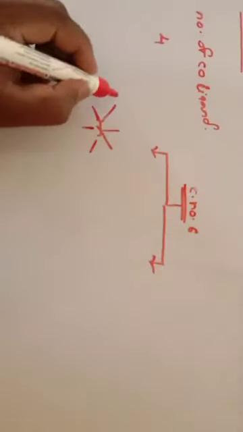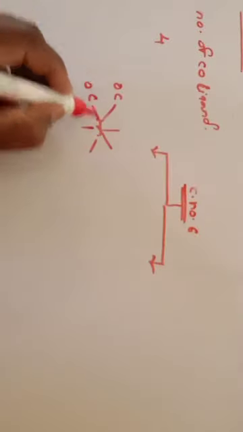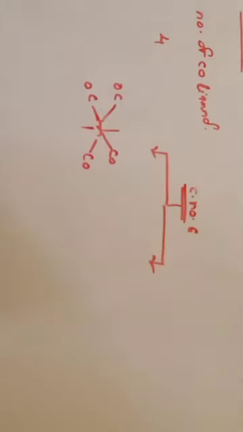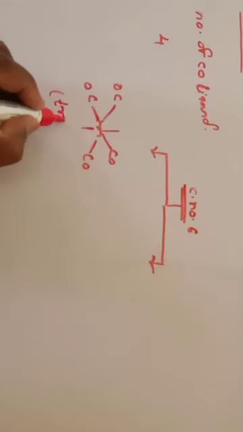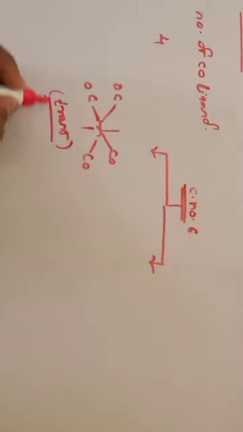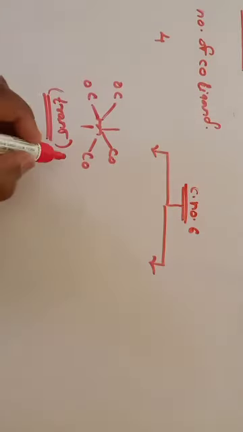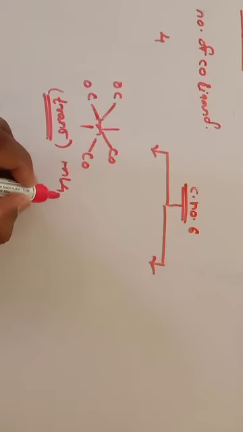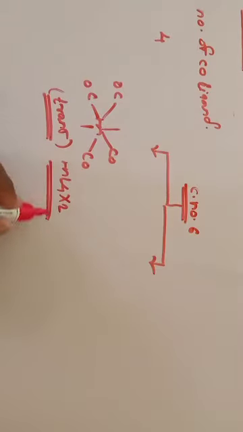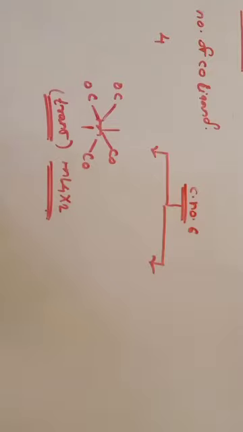So if you consider this is your carbonyl, and the 2 sides are vacant, this is your trans complex. This is like ML4X2, where L is nothing but your carbonyl and X is your remaining ligands or vacant sites.